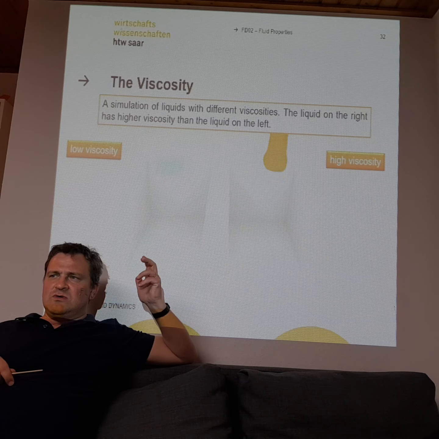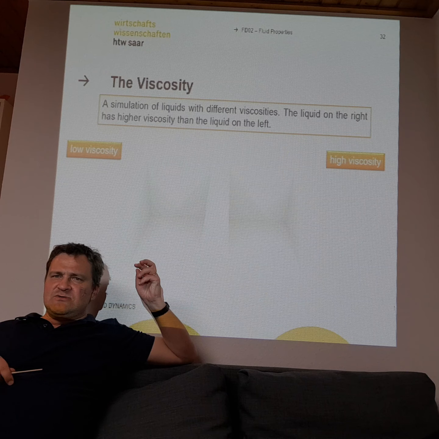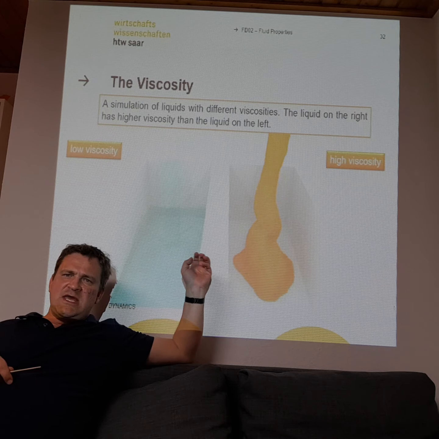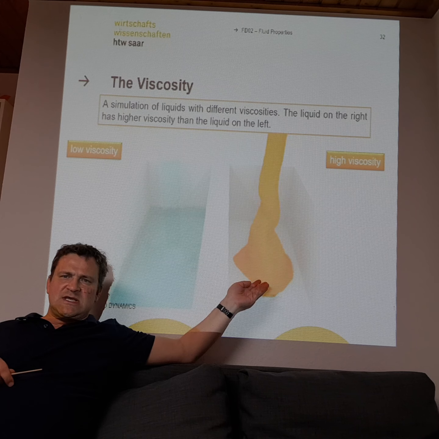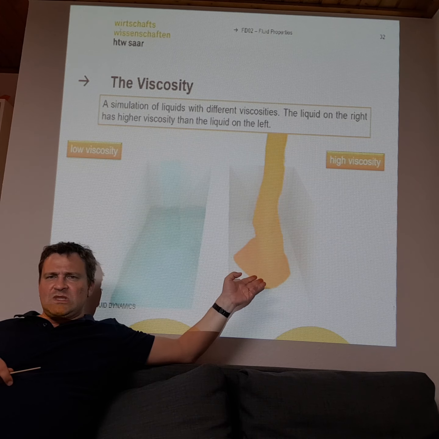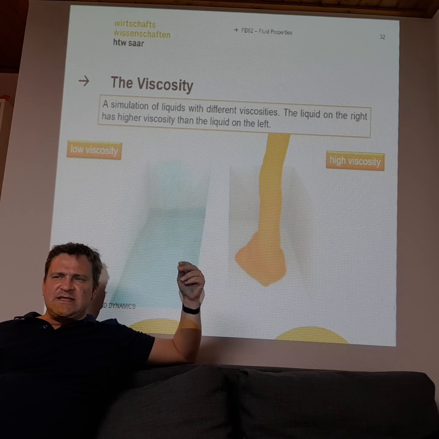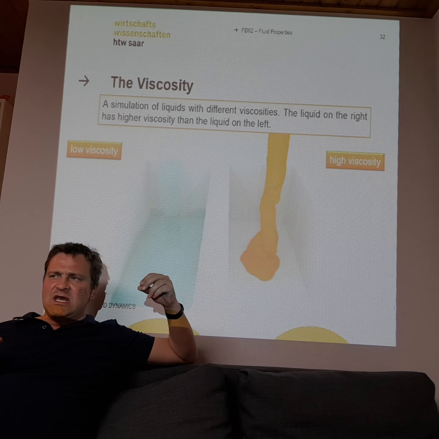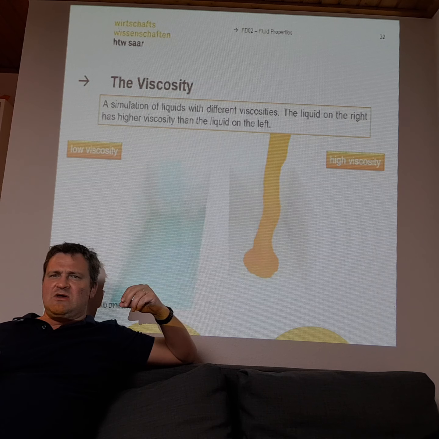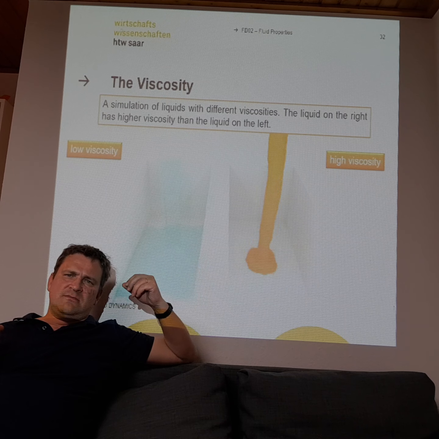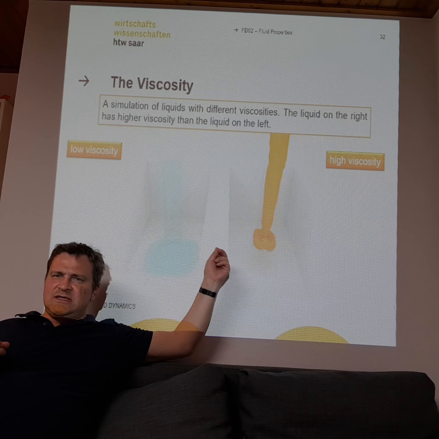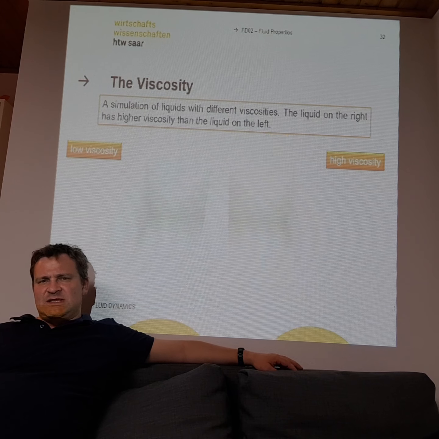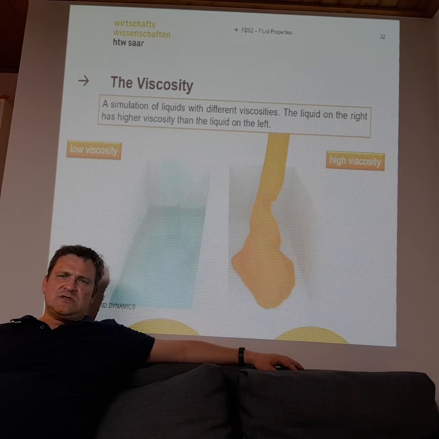It's like an alcohol or water, and it has a really low viscosity. So it can flow really fast. And on the other side, on the right side, you see a liquid that is like honey. It has a high viscosity, like a really high viscosity oil, or fat or mustard, and it flows a bit slower. So this maybe explains you a bit what the viscosity is.